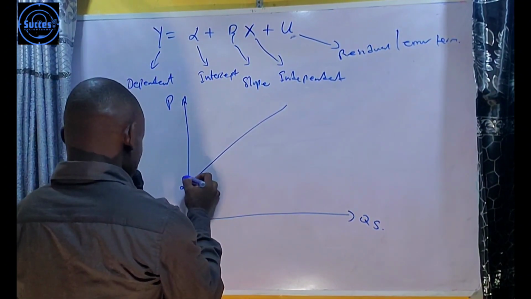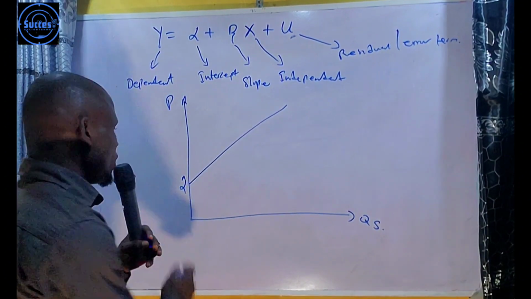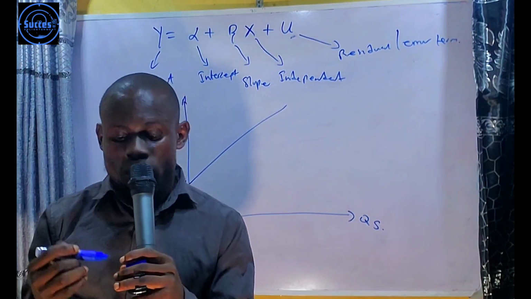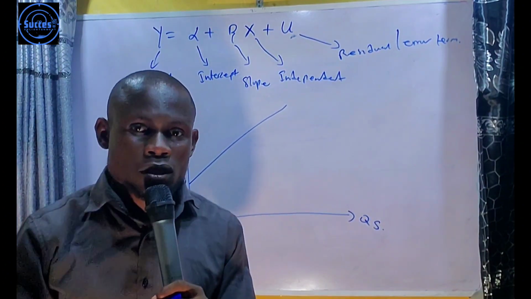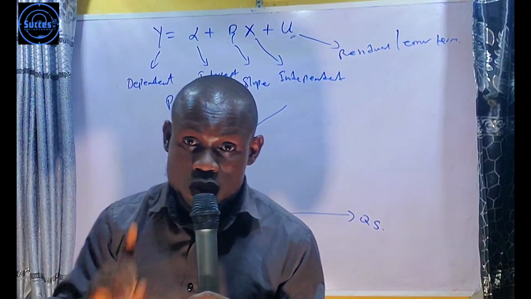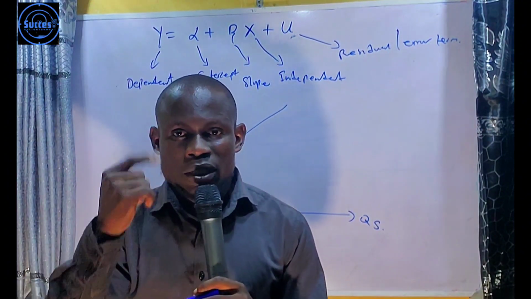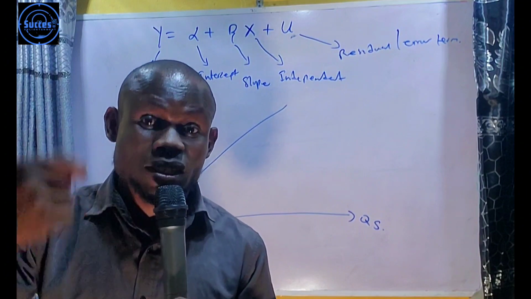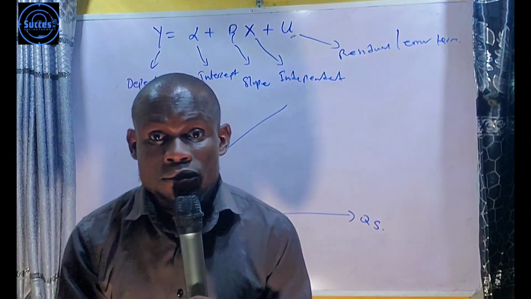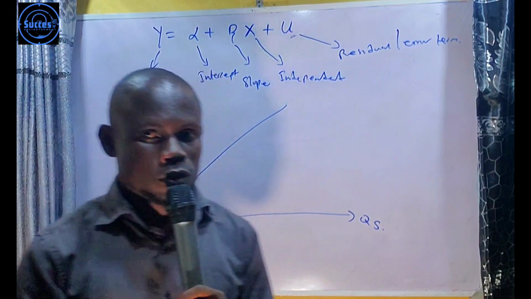Since it has to be estimated, this will be alpha cap. When you see cap on top of the alpha, what it means is alpha estimated. Don't forget, your alpha is your intercept, so the cap means the estimated intercept. Estimated means the value you derive from your solutions.